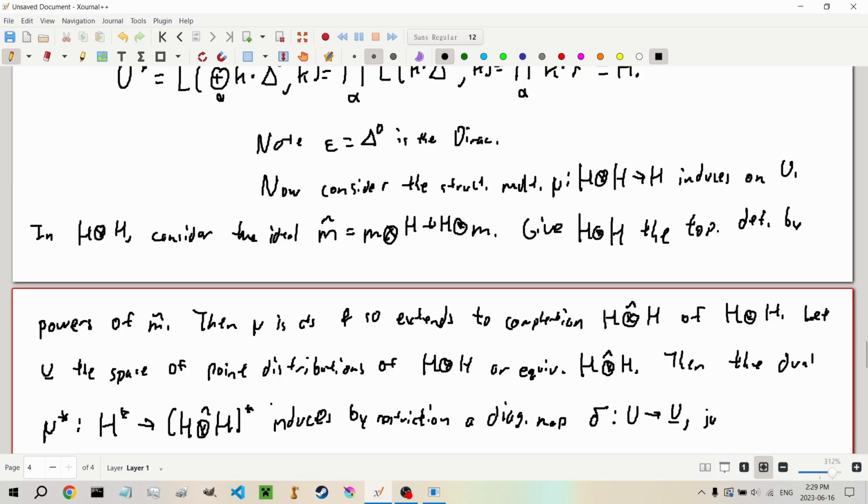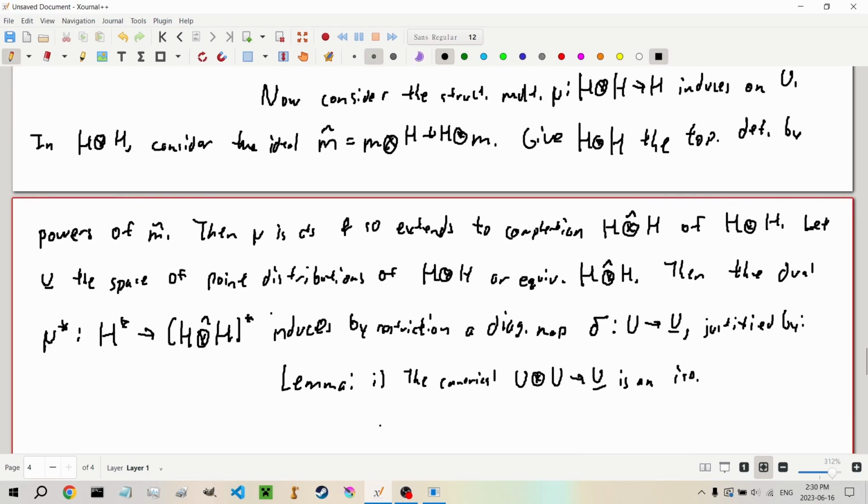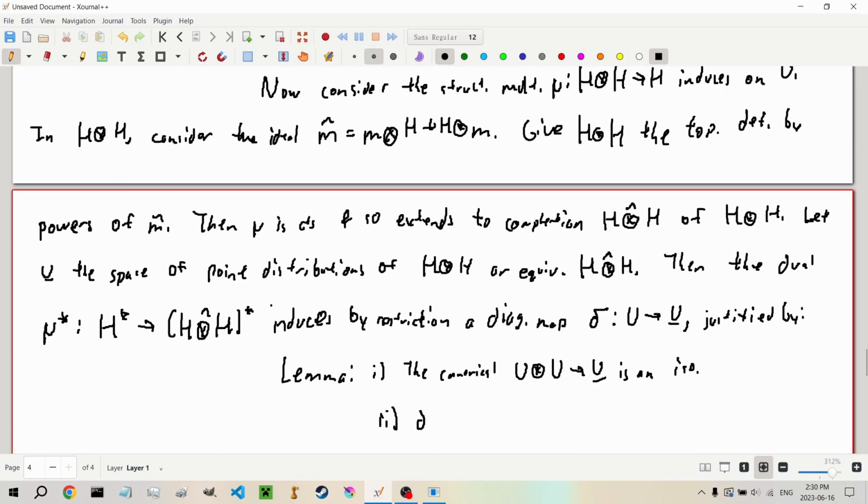And this terminology is justified by a lemma which states that, first off, the canonical map from U tensor U to U underline is an isomorphism, and secondly, this is called Leibniz's formula, where delta of capital delta alpha is the sum over beta plus gamma equaling alpha of delta beta tensor delta gamma.